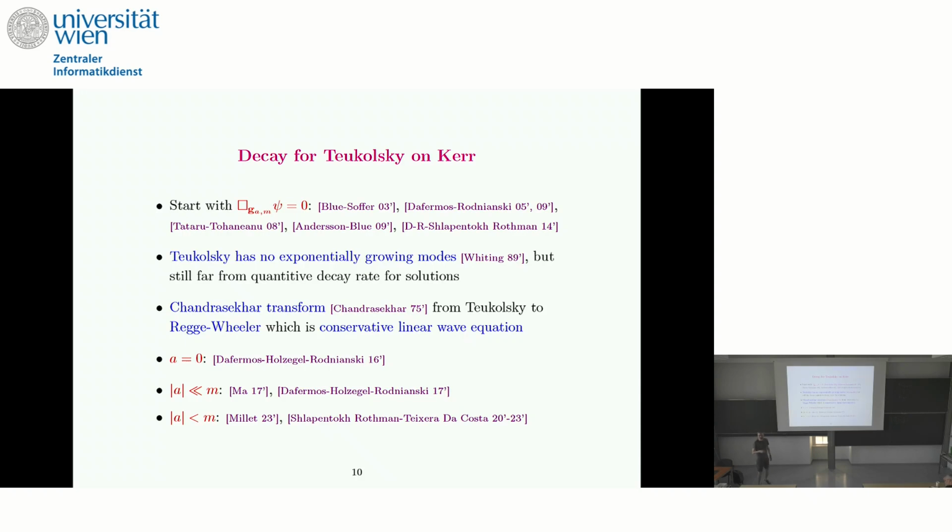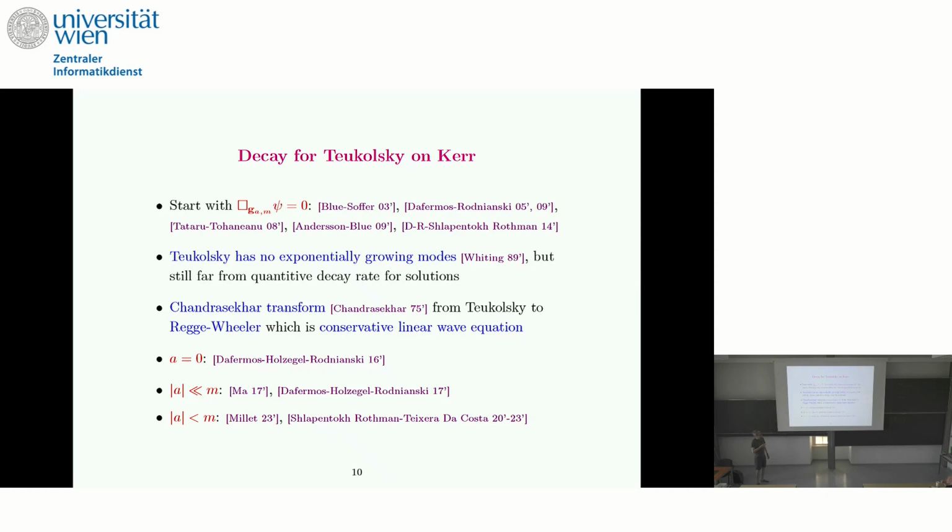And again, the difficulty here, at least with the approach I outlined, is the fact that Teukolsky does not derive from a Lagrangian. So what was done, in fact, and this was the breakthrough of the famous Dafermos, Holzegel and Rodnianski, was to realize that you can use a transform due to Chandrasekhar, which in fact transforms solutions to Teukolsky to another equation, which is called Regge-Wheeler. And this equation, found much earlier by Regge and Wheeler, itself does derive from a Lagrangian.